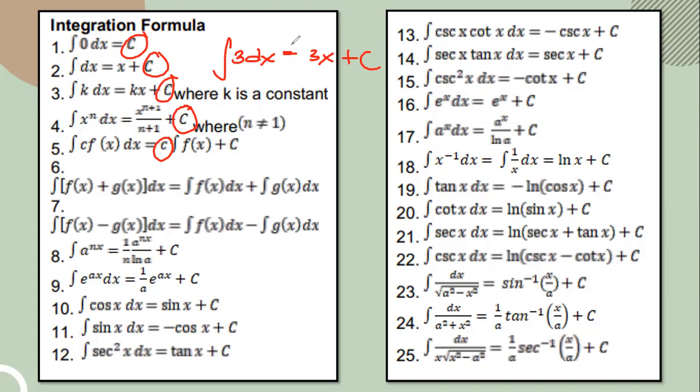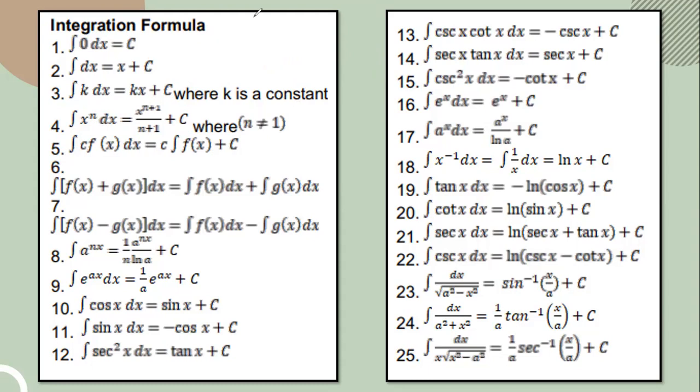For our fourth, yung pinakaginagamit na formula is the integral of x raised to n dx. This is a general formula for the function with exponent.